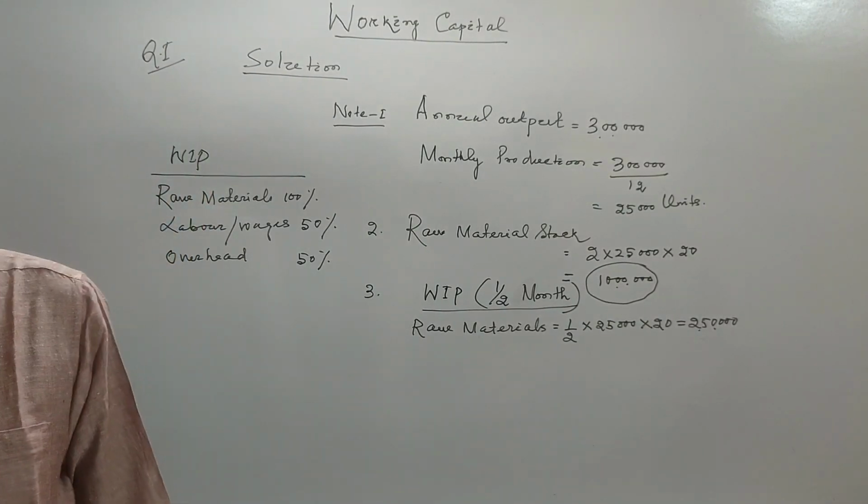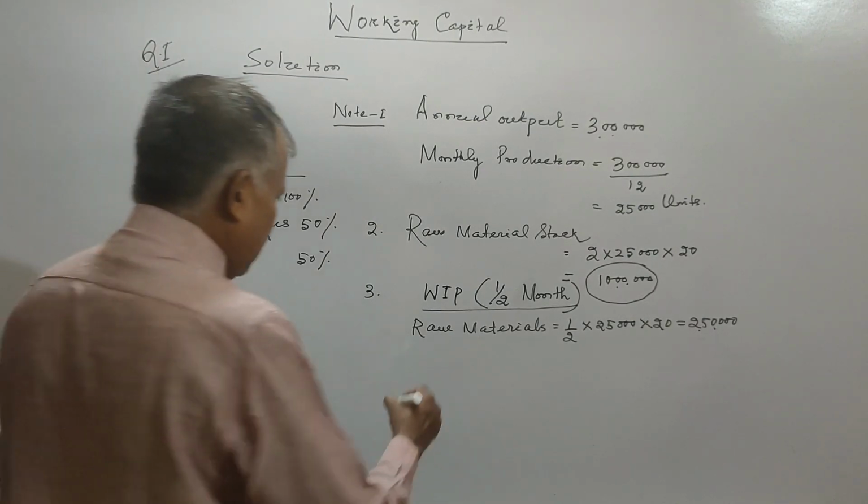Now labor, direct labor rupees 5 per unit.